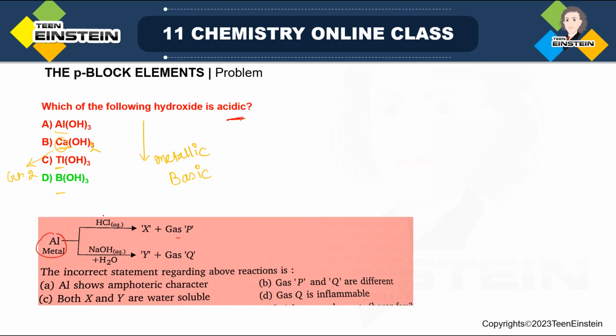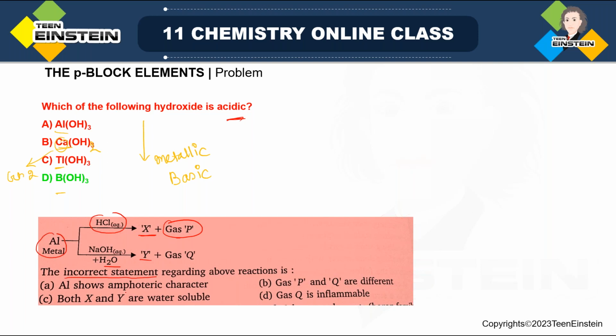Aluminium metal is reacting with HCl (aqueous), and we get compound X, and there is formation of a gas denoted by P. And in another equation, aluminium is reacting with NaOH, and though aqueous is mentioned, some extra water molecules plus H2 are also written. We get compound Y, and there is again a gas, Q. Now we have to find the incorrect statement regarding the above two reactions.